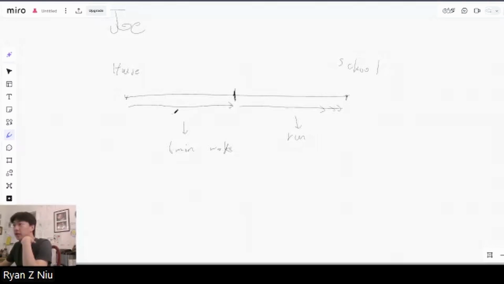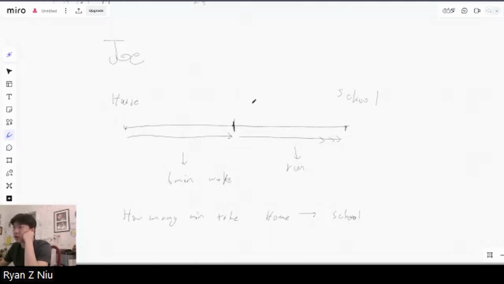And so it says, how many minutes does it take for him to walk from home to school? So just how long does it take for the whole journey? So remember, right? His running speed is 3 times as fast.